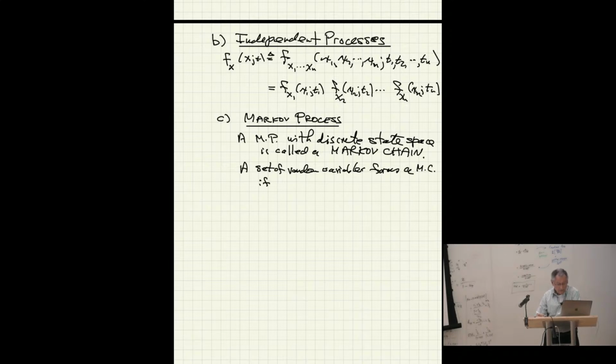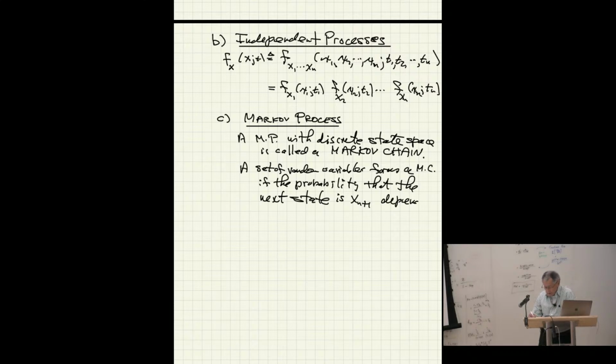If the probability that the next state or next value, if you will, is X(n+1), the probability that it is equal to X(n+1) depends only on the current state Xn. That's for a Markov chain.